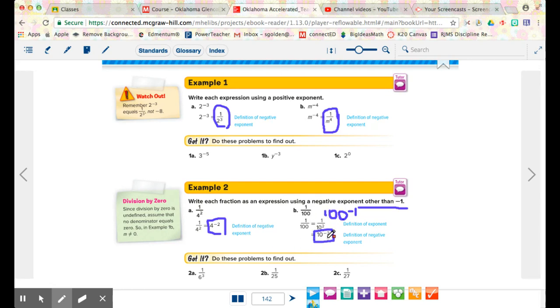So this one you kind of had to think, okay, well, what times itself could equal 100? Or it could be to the third power. Who knows? So now you're going to pause the video and work out 2A, 2B, 2C, and then I will work out 1A, 1B, 1C, and 2A, 2B, and 2C.